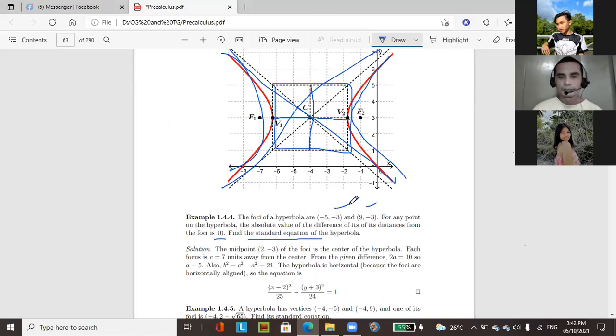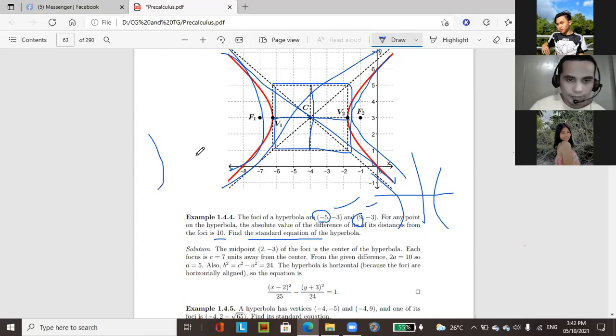the hyperbola. Class, gikan diri, we know sa foci, ang x-axis mo ay nag-change. So therefore, ang x nga variable mo ay nag-transform. So ang porma sa ato ang hyperbola is horizontal. Paano?